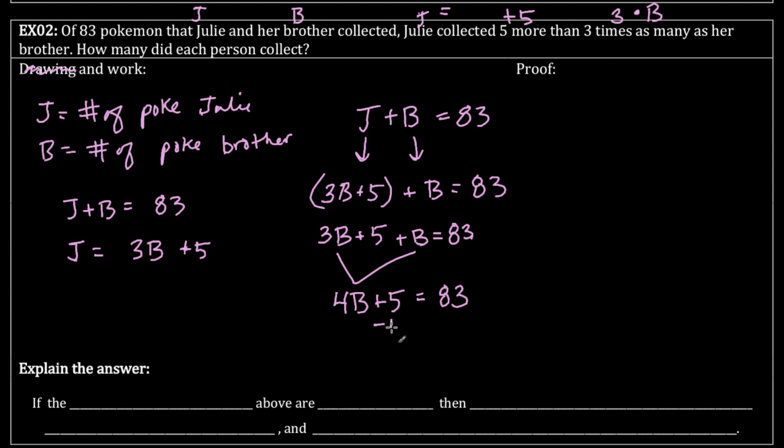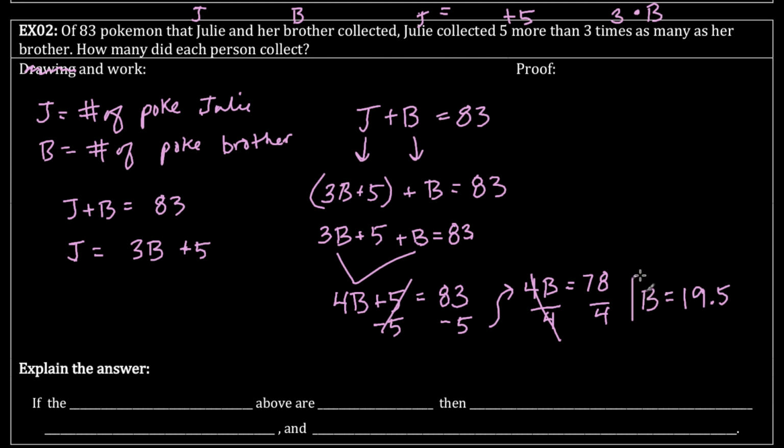Then subtract 5, and I get 4B equals 78. Then I divide by 4. 4 goes into 80 20 times, so 19 will give me 76. So 19 and a half, which in this case doesn't really make any sense.